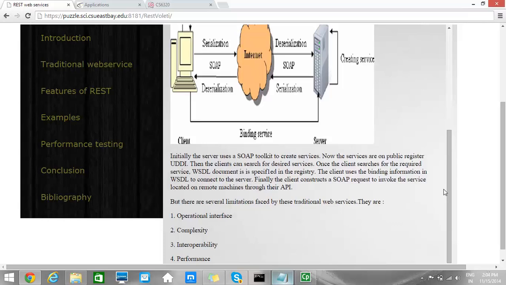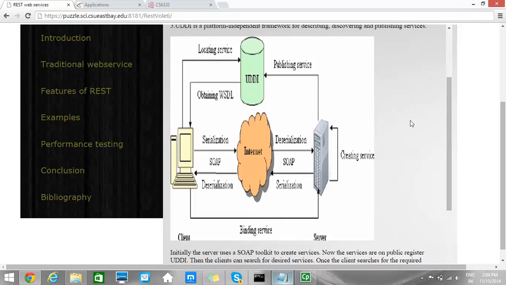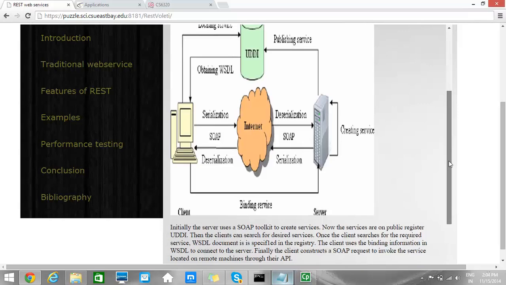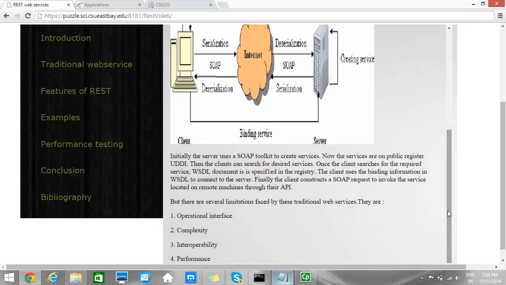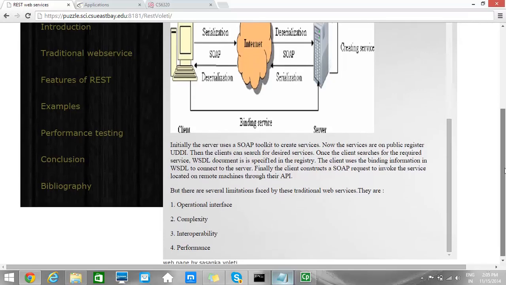The client uses the binding information in WSDL to connect to the server. Finally, the client constructs a SOAP request to invoke the service located on the remote machine through their APIs. So this is the image for the process in traditional web services. But in this approach, there are a few limitations such as operational interface, complexity and interoperability, and performance.